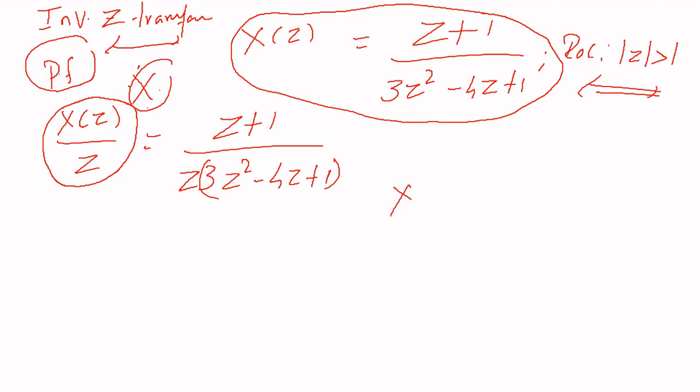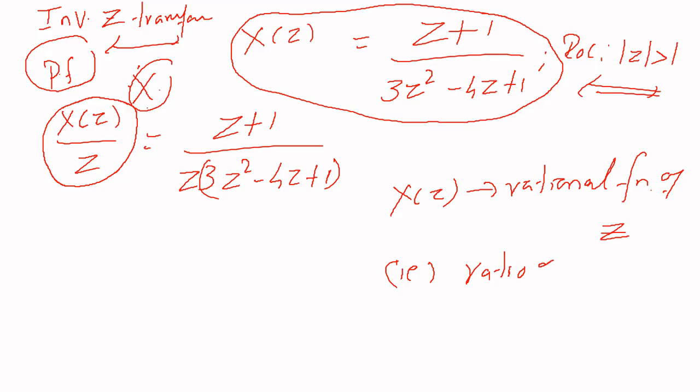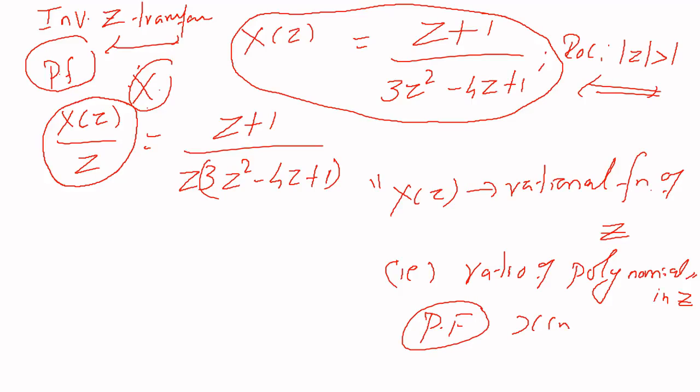This x of Z is a rational function of Z, that is, it is nothing but a ratio of polynomials in Z. Under this condition we can use partial fraction expansion to find x of n.